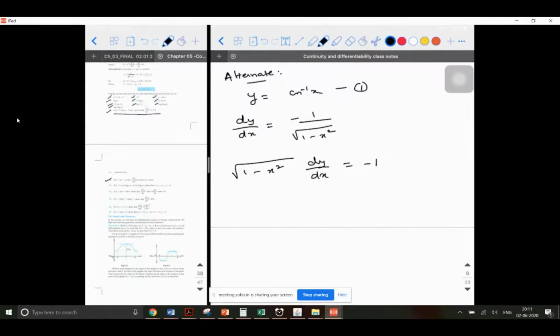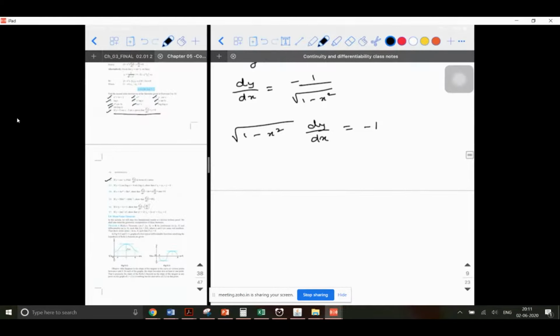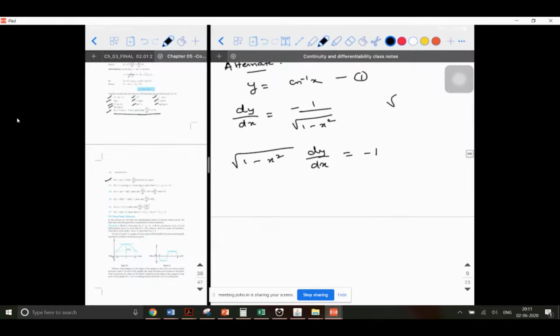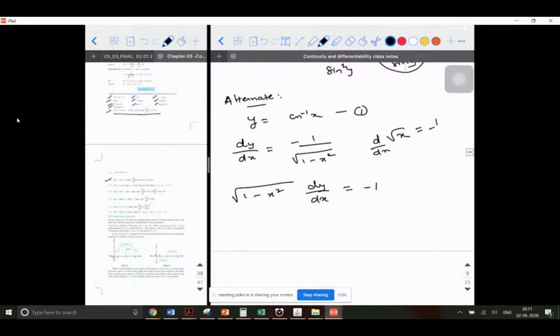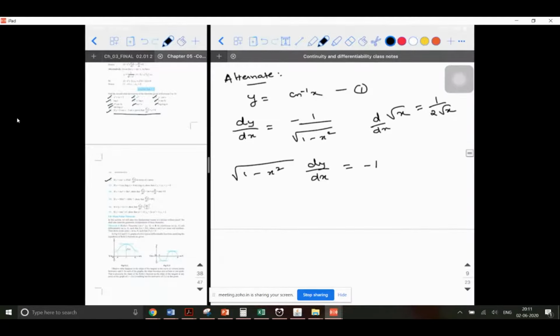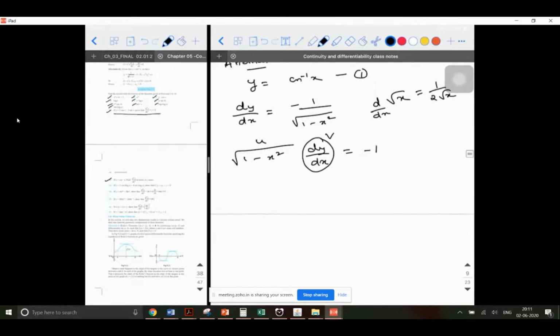Now apply the UV rule. Any idea what the derivative of square root of x is? Square root of x gives 1 by 2 root of x. So apply the same logic. If I take this as u, this whole thing will be v. Anybody who can proceed? Don't worry about the mistake, we'll work on it.